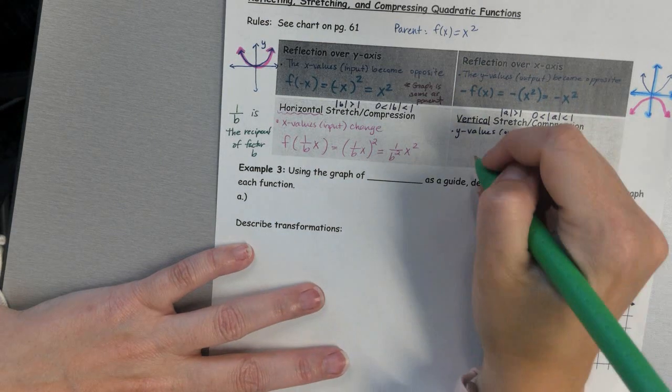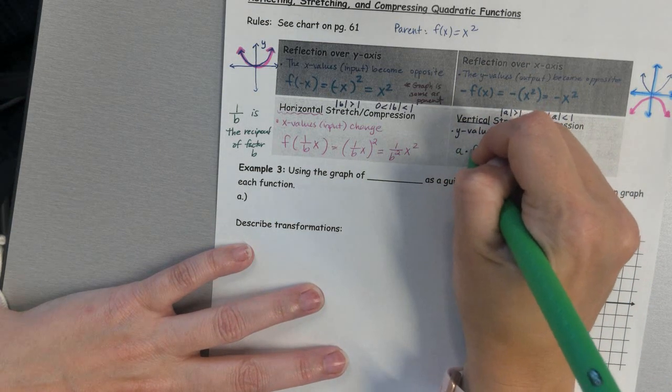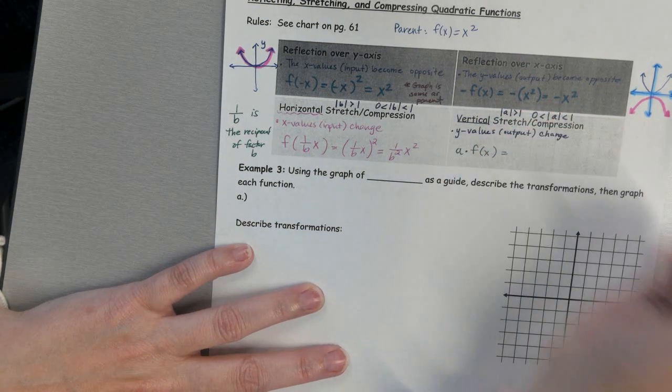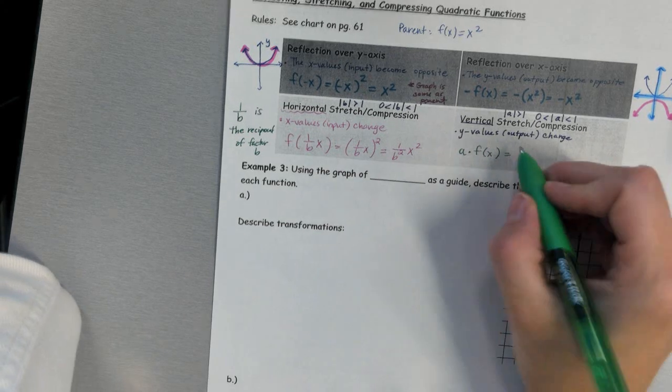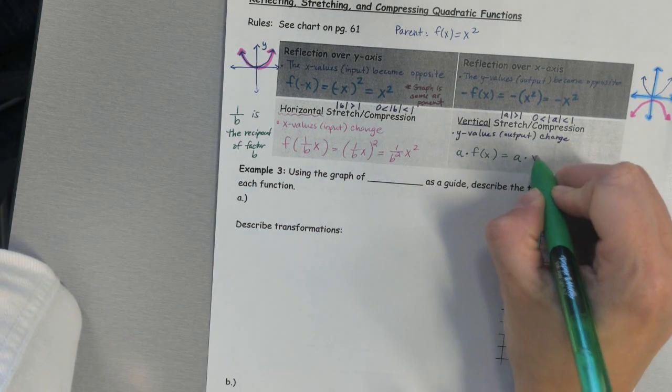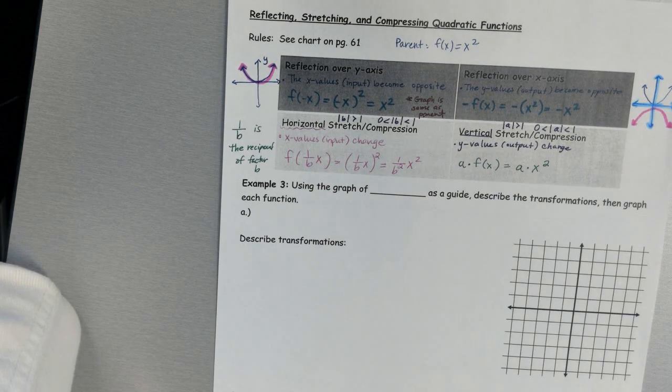So remember for that, it's a times f of x. That's our rule. Well, remember, f of x is just x squared, so this is just a times x squared, or ax squared. Okay, so those would be the same thing.